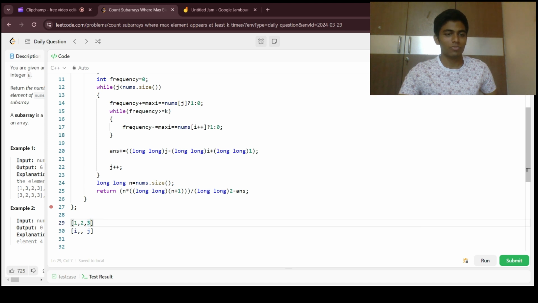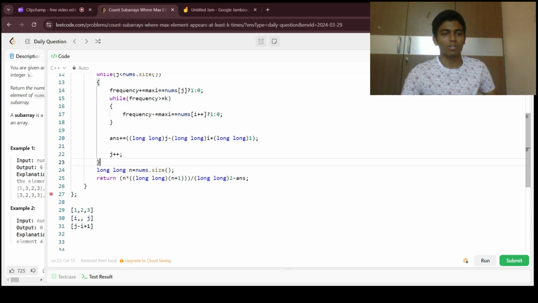So these are the three possibilities, which is j minus i plus 1. So that's why we add j minus i plus 1, and then we increment j. At last we take the total number of subarrays and remove this particular answer.